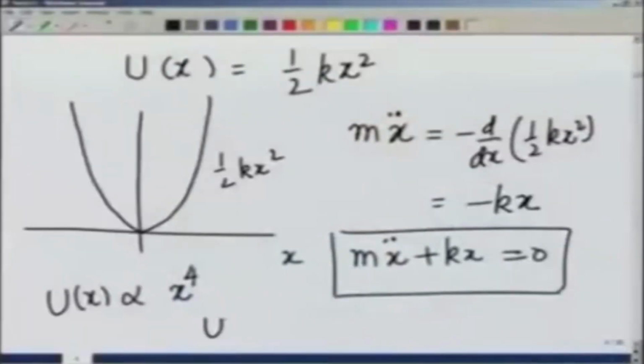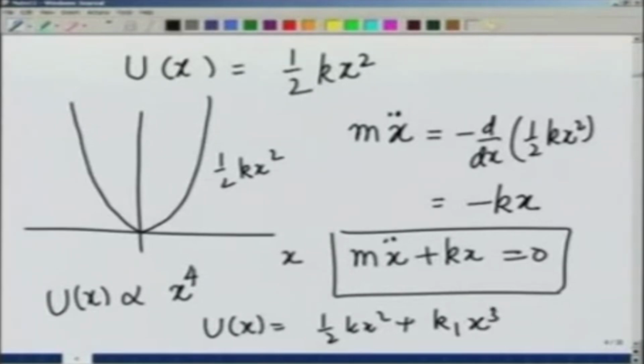For example, I could have U(x) equal to 1/2 k x squared plus, let's say, k1 x cubed, and so on. If I neglect all these and I assume that only the second order is non-zero, then this is the equation of motion, and therefore this is known as the simple harmonic motion.